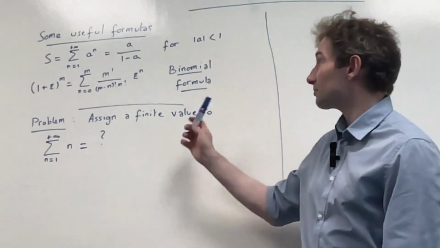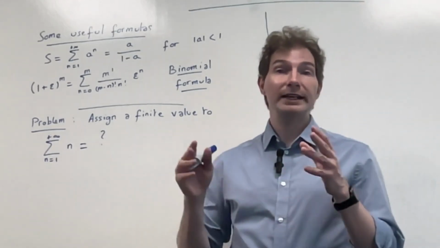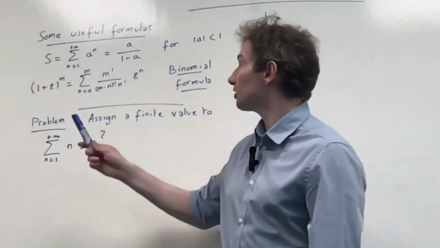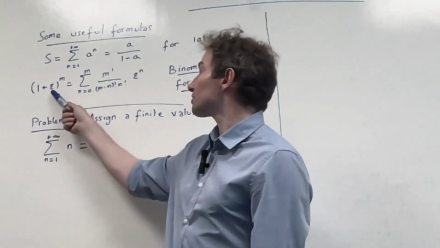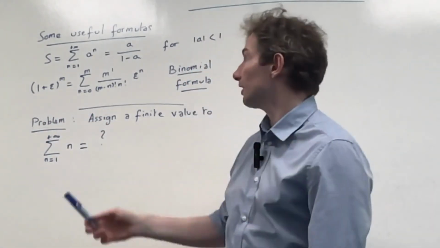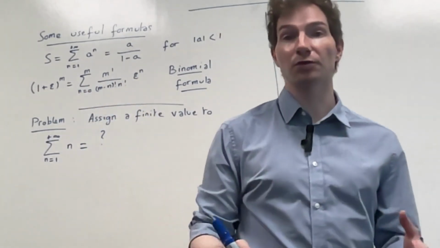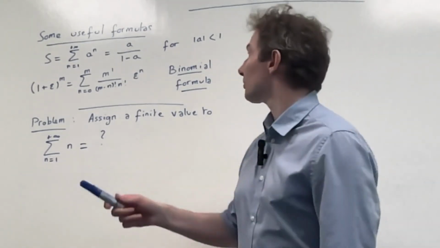The second one is the binomial formula, which usually is for any (a plus b) to the power n, but here I'm simply going to use, instead of a plus b, (1 plus epsilon) to the power m. And this is the expression of the binomial formula, which I believe is actually due to Newton.